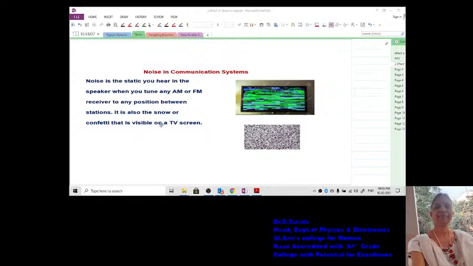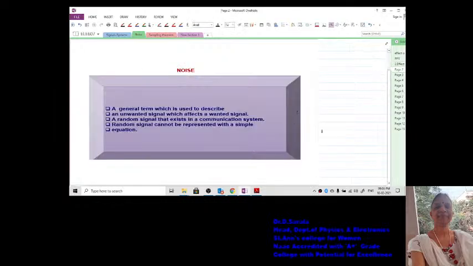It is unwanted introduction of energy, okay, which interferes with the proper reception and reproduction of transmitted signals. So many disturbances of electrical nature are produced in receivers, so they modify the signal in an unwanted manner.